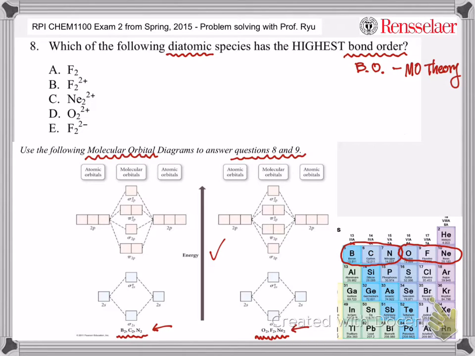If you look closely, this is a sigma star, and the sigma, and then this is a pi. So sigma and pi.